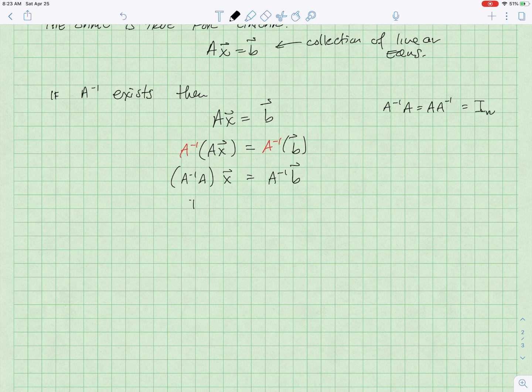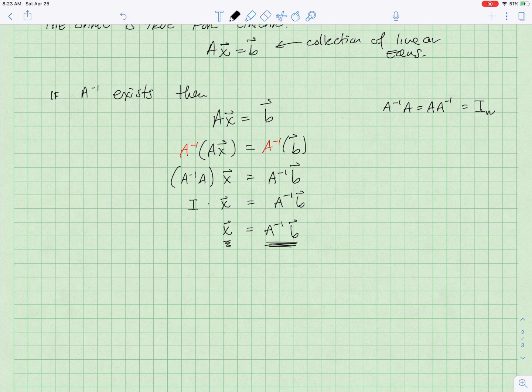This will then be I times X is equal to A inverse B, or the identity matrix times X is always going to give us X, as the identity matrix is the multiplicative identity for matrices. And this is A inverse B. And so it turns out if A inverse exists, then we can solve for X by doing this product.